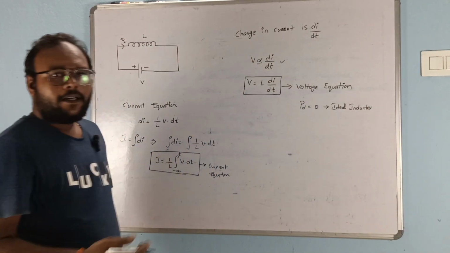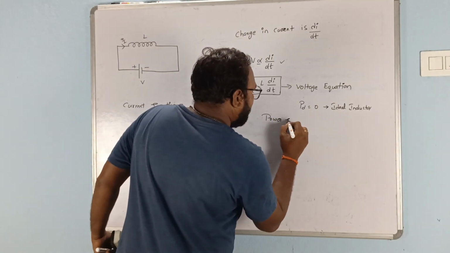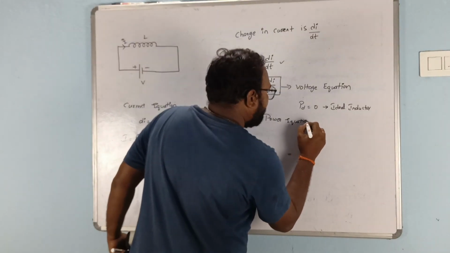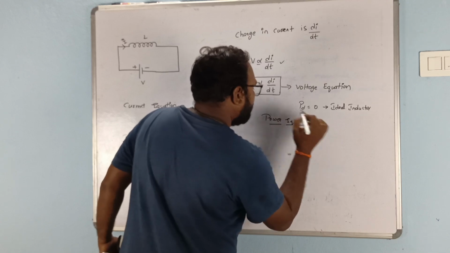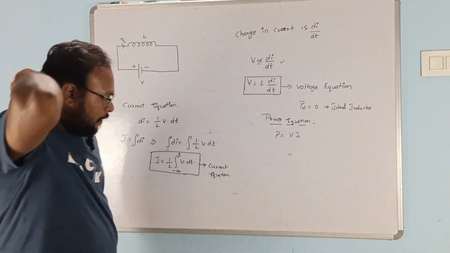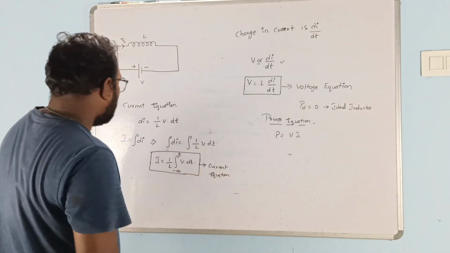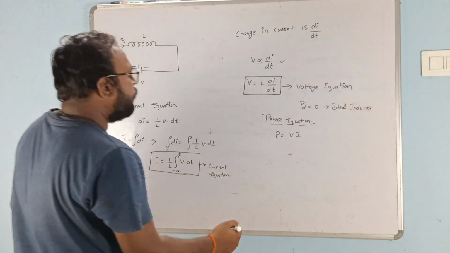While coming to a practical inductor, we know the power equation. What is the power equation? P is equal to VI. From this, what is the voltage equation here? V is equal to L into di by dt.